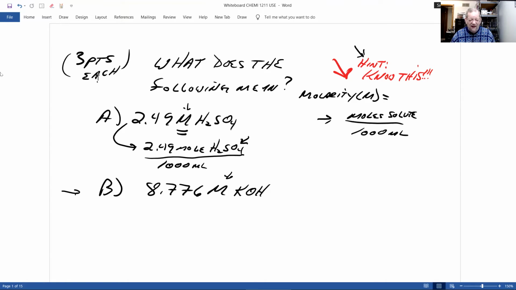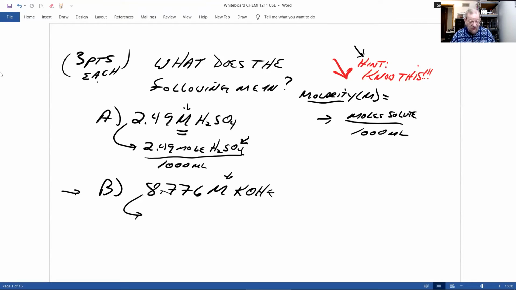When you see a capital M, that means molarity. And therefore, molarity is moles of solute. In this case, the solute is KOH, which is called potassium hydroxide. The old name used to be potash, but the IUPAC, the official name, is potassium hydroxide.